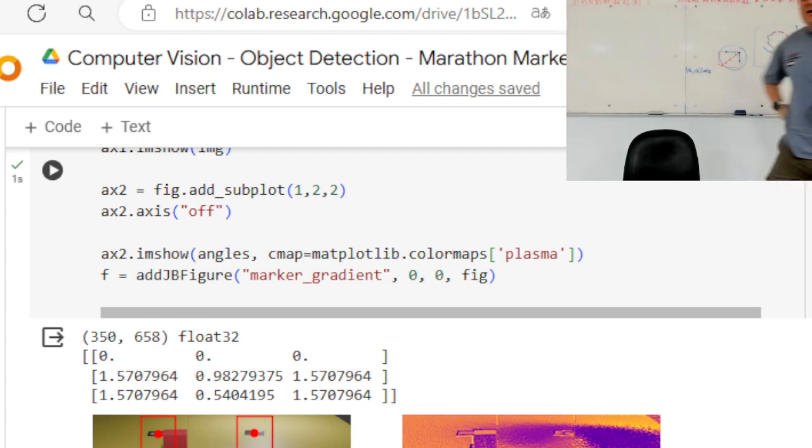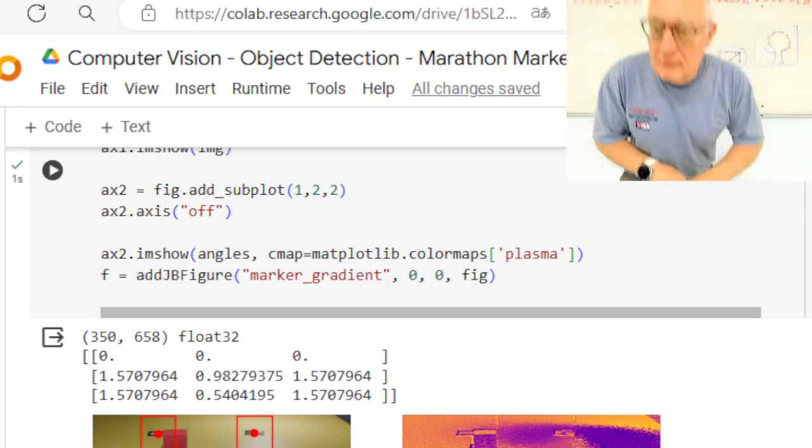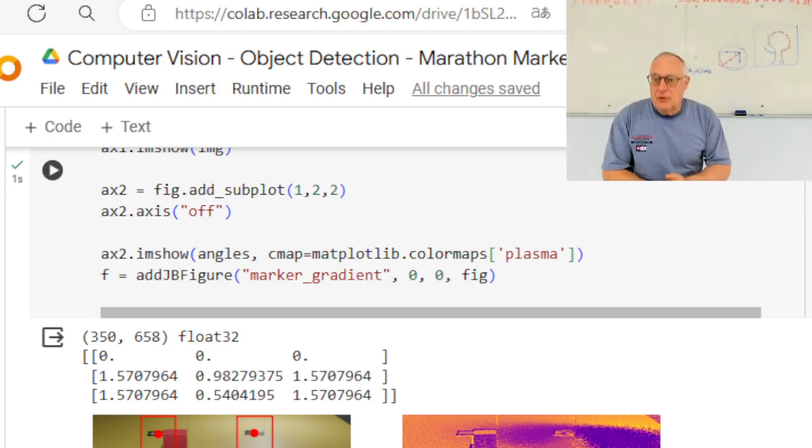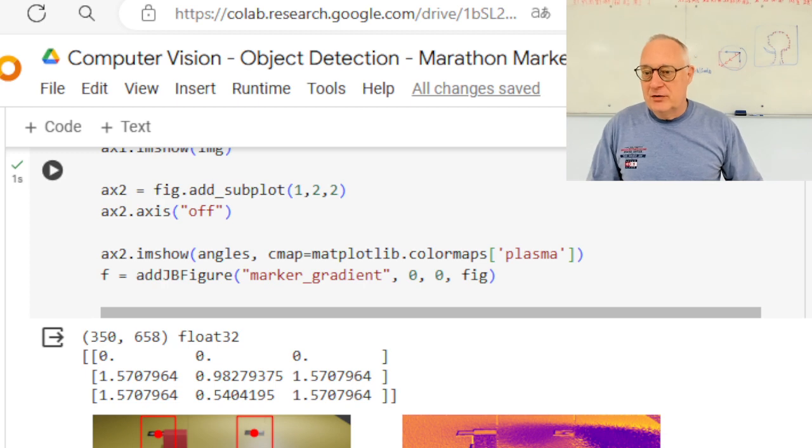Because even if it's constant black, I need to return some angle, even though there is no gradient. But at the moment, we'll focus on the markers here.